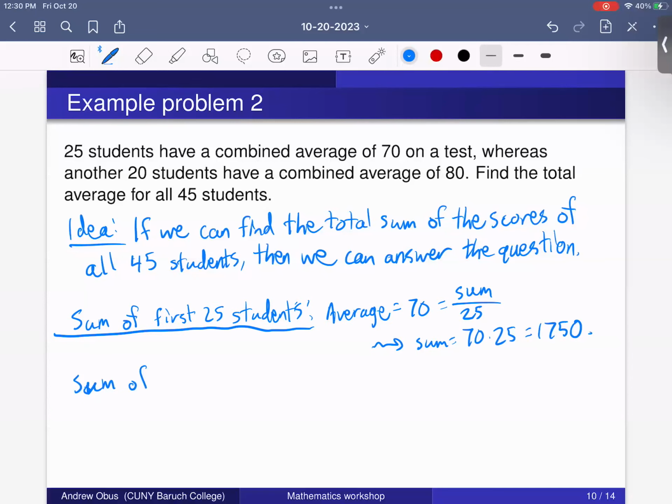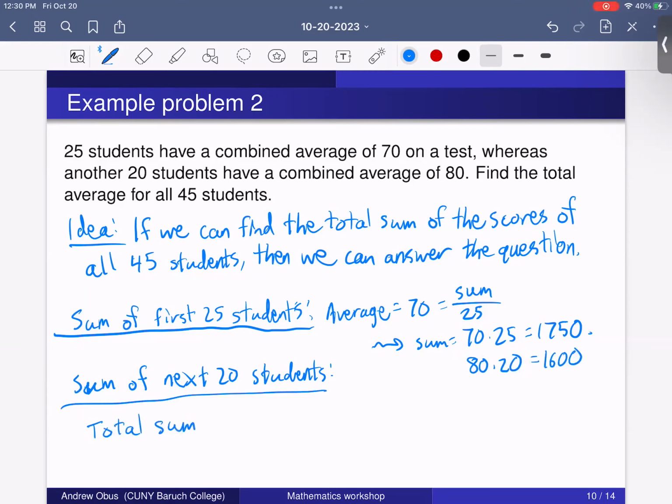It's 20 times 80, which is 1,600. So the sum of the next 20 students is similarly going to be 80 times 20, which is 1,600. That will give us a total of 3,350. Now we divide the total sum by 45. Exactly. So 1,750 plus 1,600 is going to be 3,350. 3,350 divided by 45. Right. And so what is that?